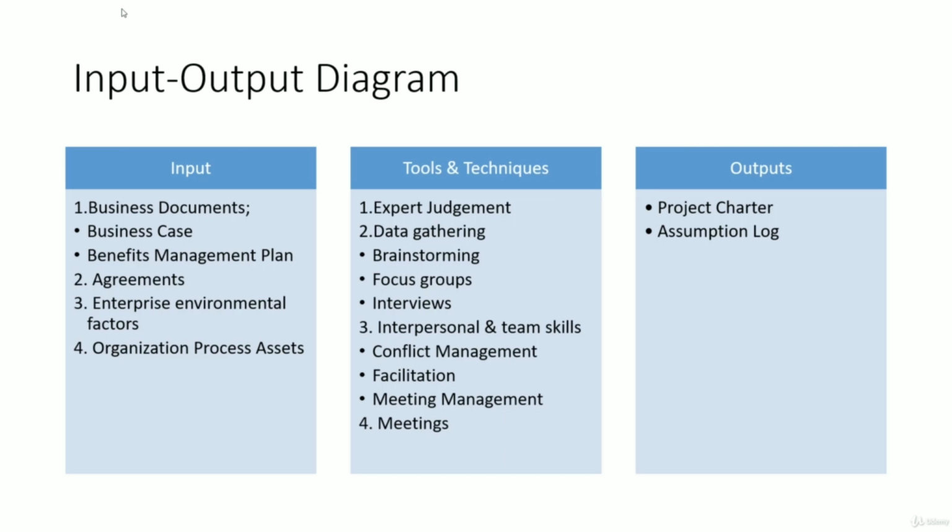You have interpersonal and team skills: conflict management, facilitation, meeting management, and meetings. So as you can see, it's all about dealing with your stakeholders. These are the minimum skills you need, and it's not maths. You are not performing any mathematical or arithmetic calculations here.